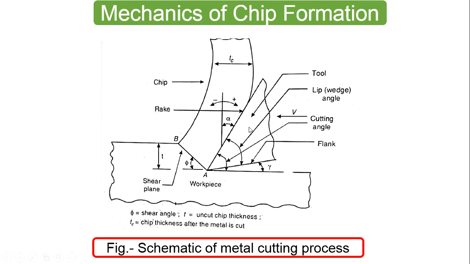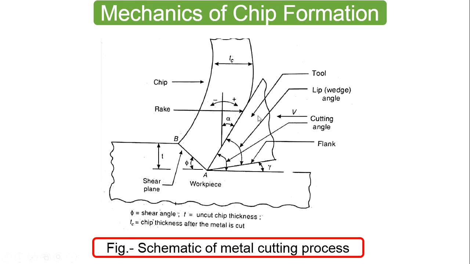Now this mechanics of chip formation is similar for the single point cutting tool as well as for the multi point cutting tool. The only difference is that in a multi point cutting tool the number of points in contact with the workpiece is more, whereas in a single point cutting tool the number of points in contact with the workpiece is only 1.